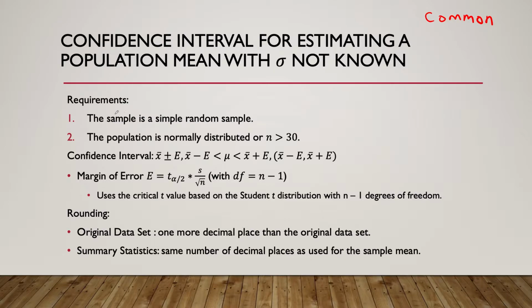Anyway, the requirements that we have in order to compute this confidence interval: the first one is that the sample is a simple random sample. The second one is that the population is normally distributed or the sample size is greater than 30.